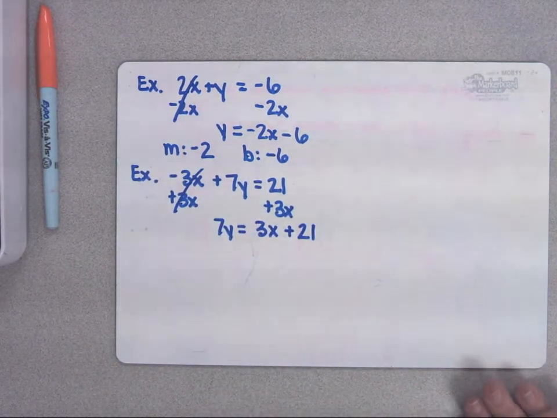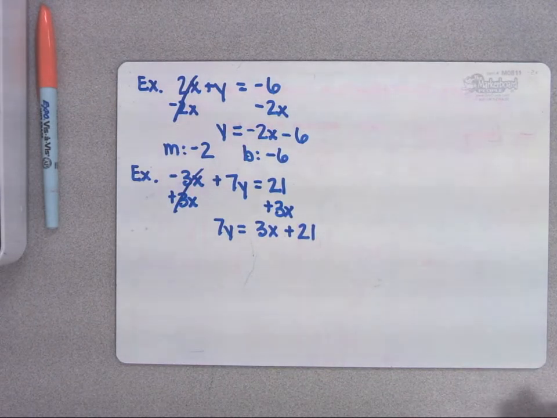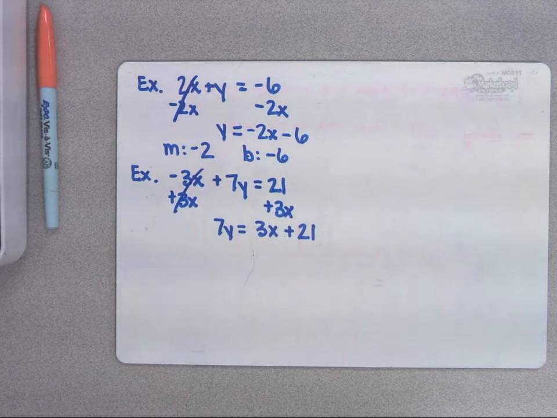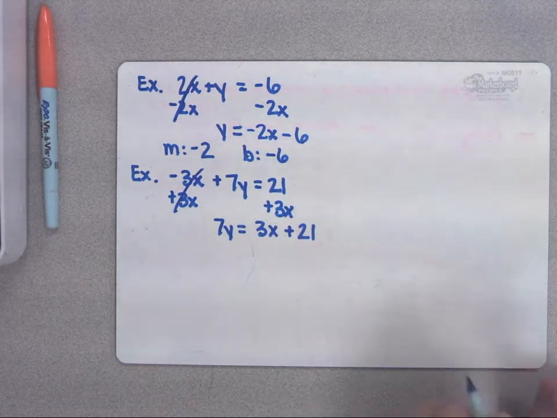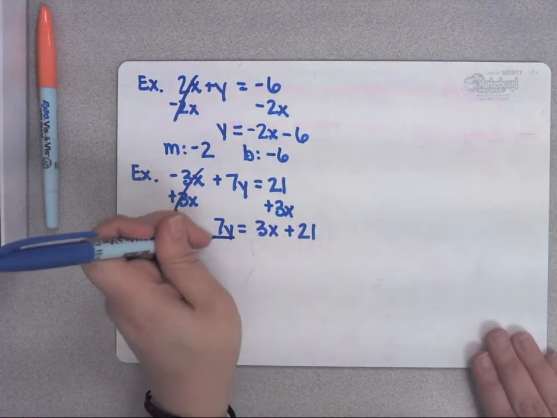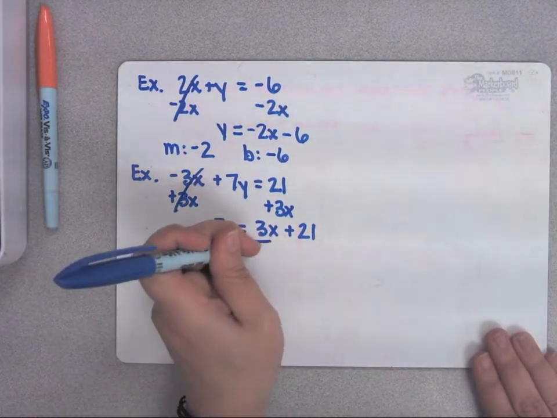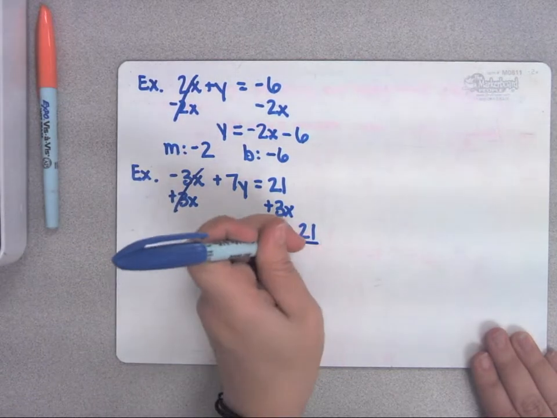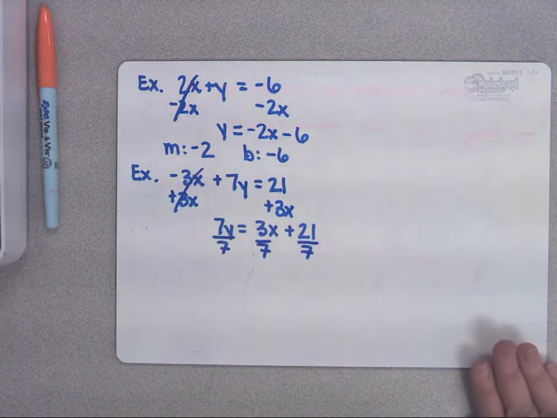Is y completely by itself yet, Connor? No. What do I need to do to get y by itself? What is y and 7 doing if they're right next to each other? Multiplying. So how to get rid of multiplying? Yep, so we're going to divide everything separately by 7. Everything individually, every single number separately by 7.